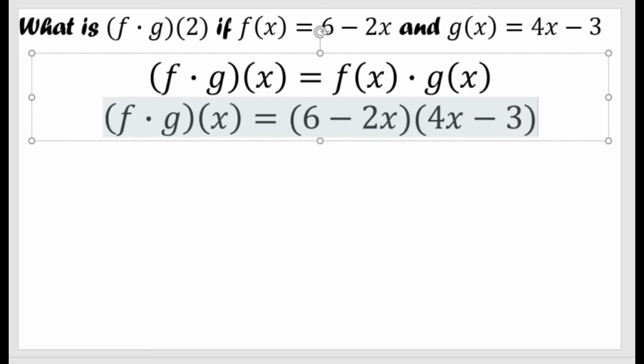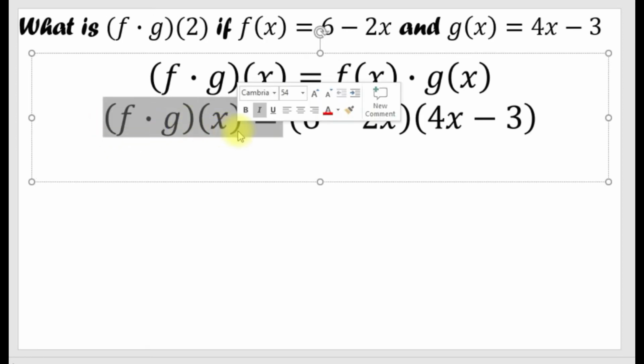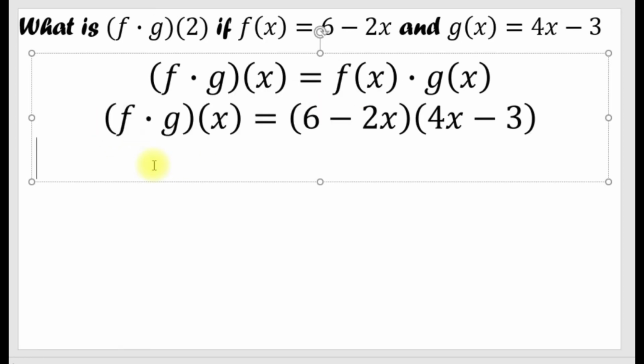So take note, there are some of our examples given that I omitted the multiplication or the dot symbol. But that is okay because omitting it will also mean that we're going to perform multiplication.